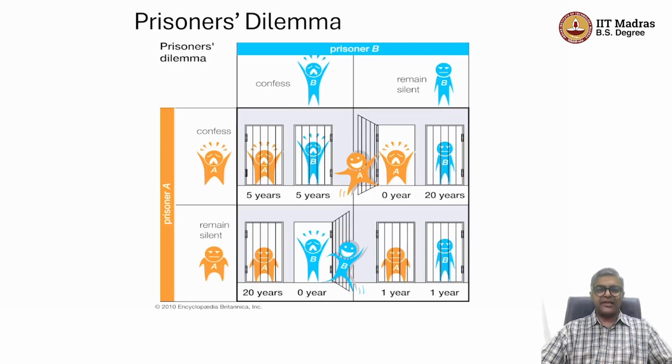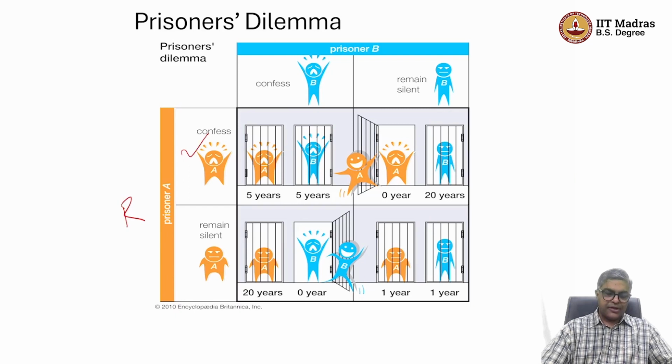So, that is the setting, and this is a nice picture that I have taken from Encyclopedia Britannica. Here there is prisoner A, we can say this is Ranga, he is confessing or remaining silent, we can say this is C, this is D. Here is Billa who is confessing or remaining silent.